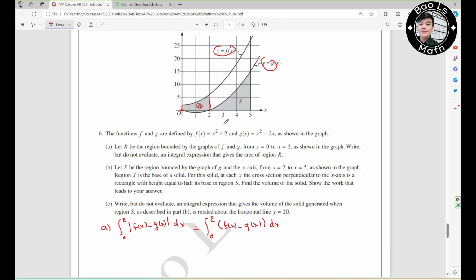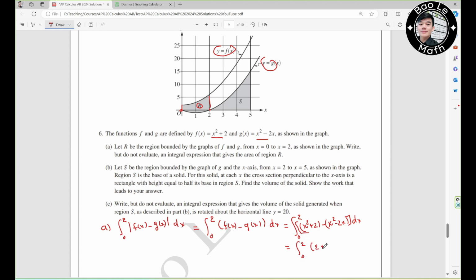Alright, f of s equals s squared plus 2. So you substitute: integral from 0 to 2 of s squared plus 2 minus g of s, which is s squared minus 2s, ds. And then you simplify the integral from 0 to 2.